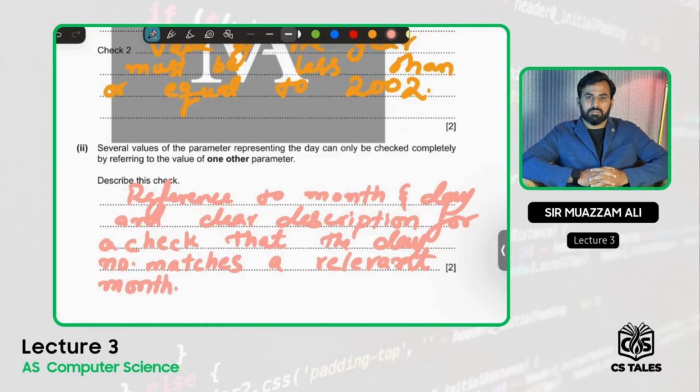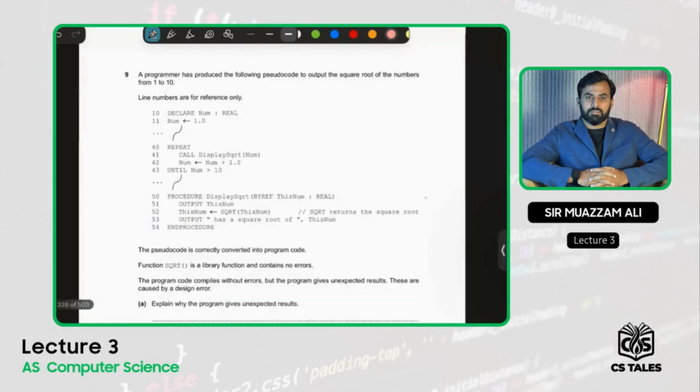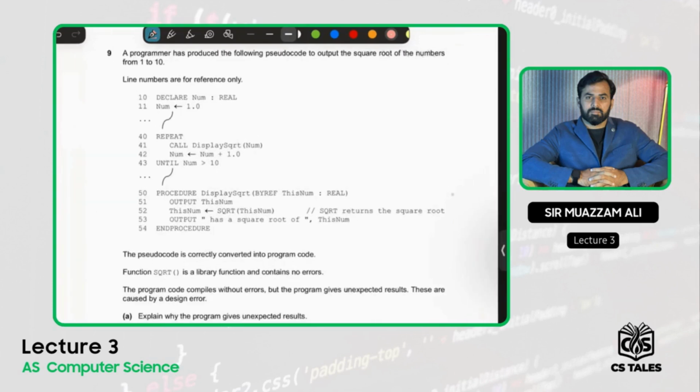Okay. So what about the next question? It gives a program, and says a programmer has produced the following. So we go to the output: the square root of the number. From 1 till 10, declare num1 as a real number that is 1.0. Repeat, displaying the square root of the number and num input number 1, until num1.